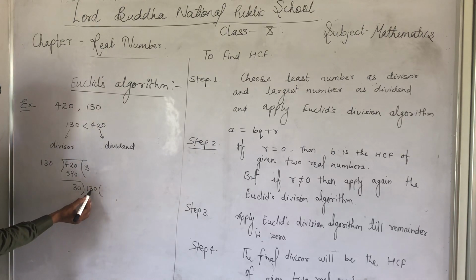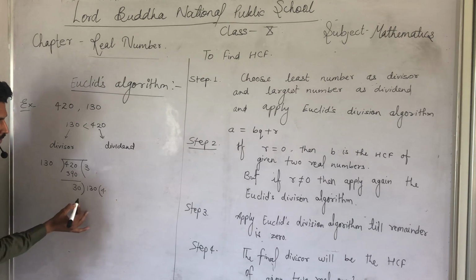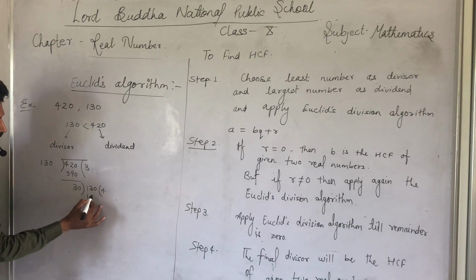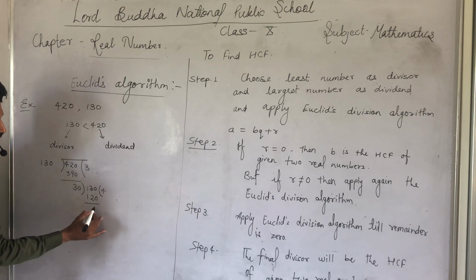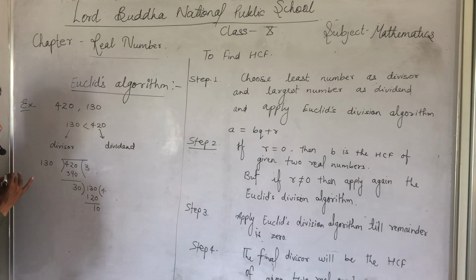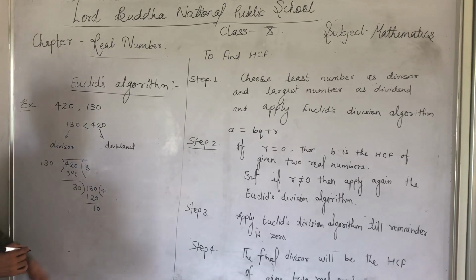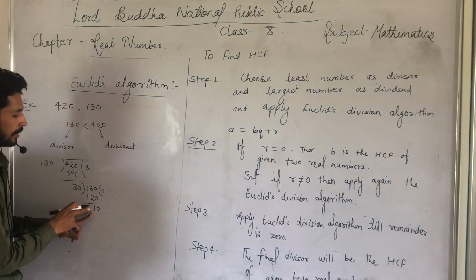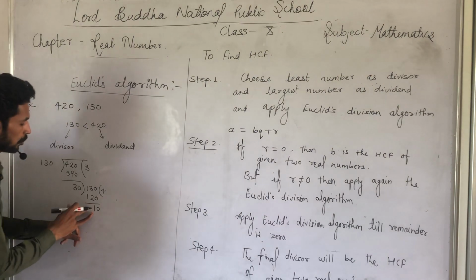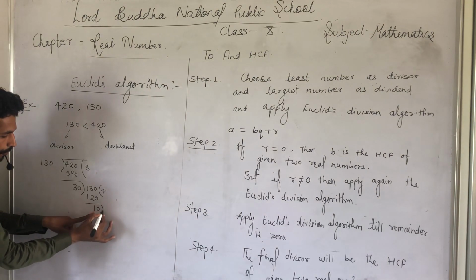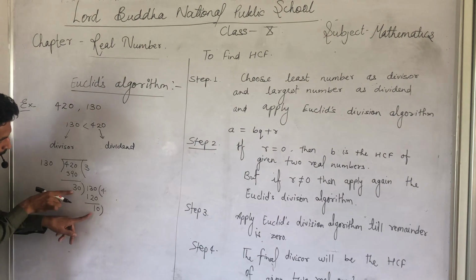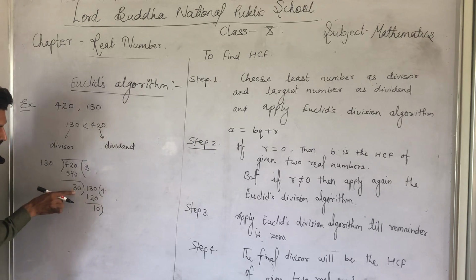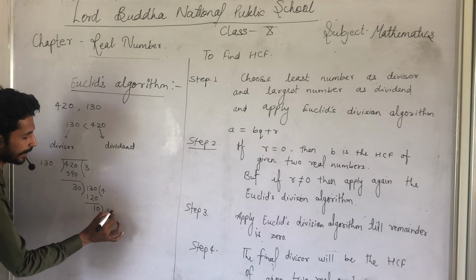Now 130 is written here, and it should be divided by 30. So 4 times we can go. 30 times 4 is 120. So the remainder is 10. Now again the remainder is not equal to 0. So this remainder will become the divisor and the previous divisor will become the dividend.